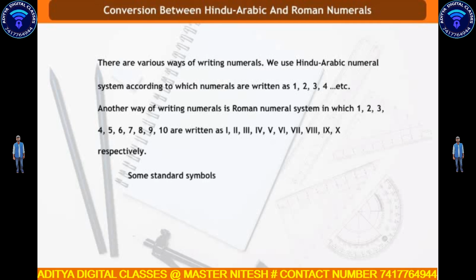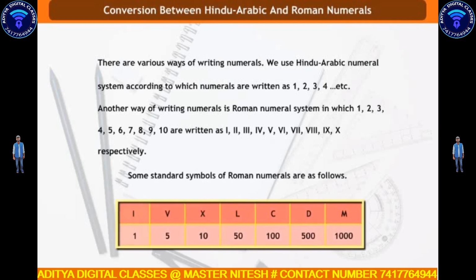Some standard symbols of Roman numerals are as follows: I for 1, V for 5, X for 10, L for 50, C for 100, D for 500, and M for 1000.